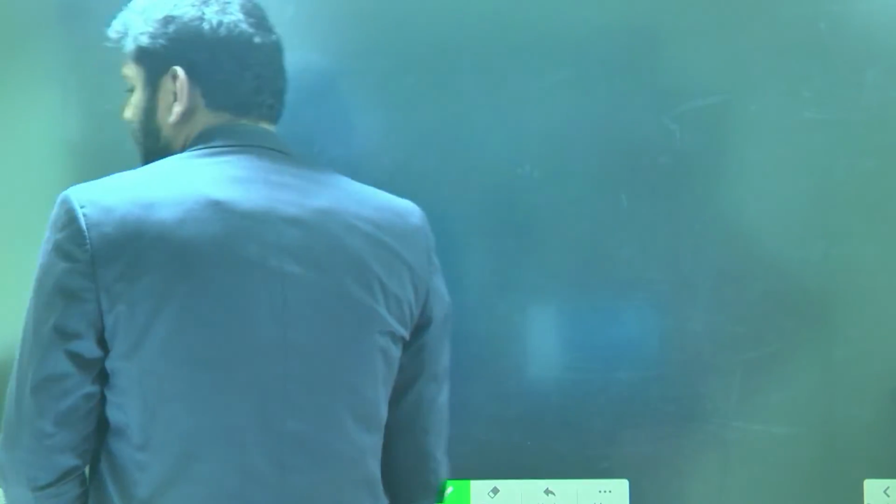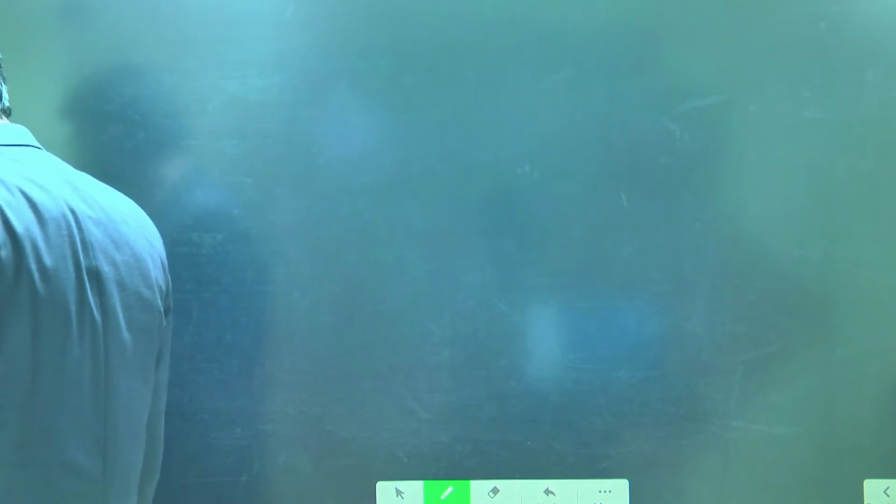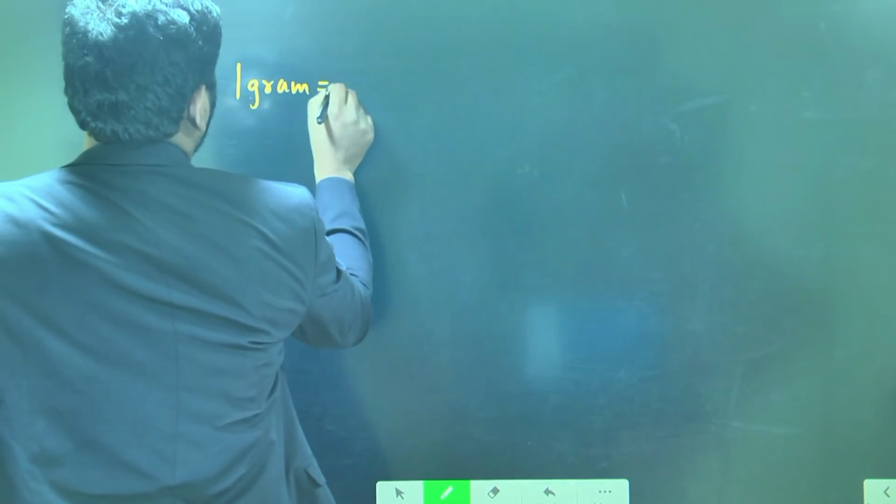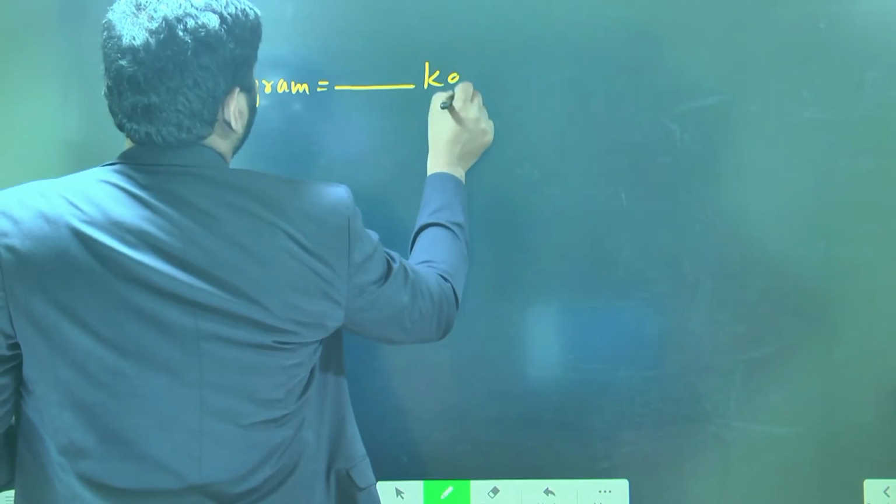I can give some other examples. 1 gram is equal to how many kgs?